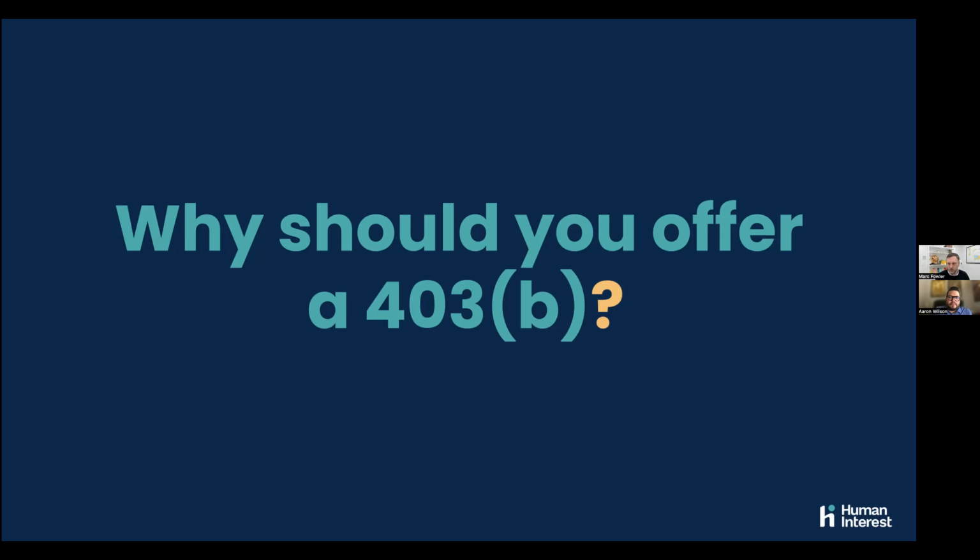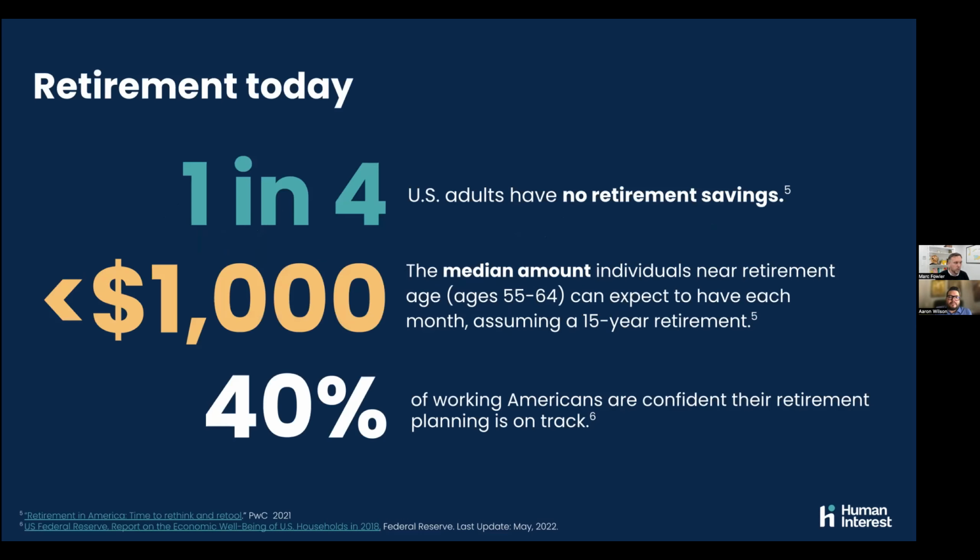It's somewhere else that gap is falling. And so what we see is right now that 40% of Americans at best are confident that their retirement is on track. So you flip that number around, and suddenly you've got 60% of people going, I'm not where I need to be.